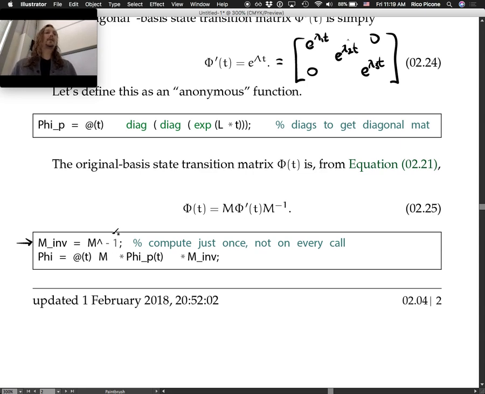So instead what I did is I had it do the matrix inverse once beforehand, and then I stuck it into the function. So that every time it calls the function, it doesn't have to recompute that matrix inverse. It can just pull in the variable that I've had defined as the matrix inverse. So it's quite a bit more efficient if you're going to call this function a lot.